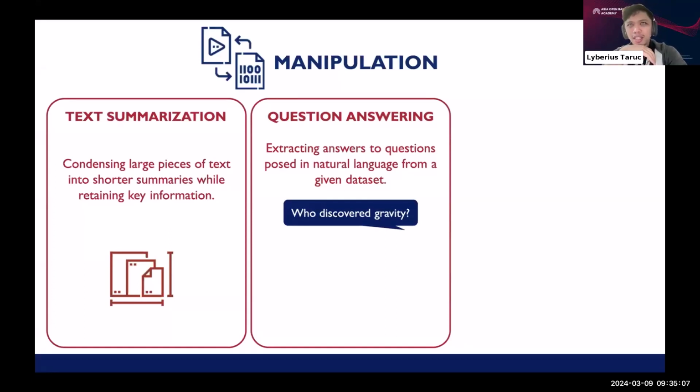But it doesn't have to be academic in nature. It can even be just as simple as a chatbot. How does it generally work, right? You try to ask it questions. Say, for instance, here, who discovered gravity? We all know who this one is, right? But how is the machine able to understand this question?